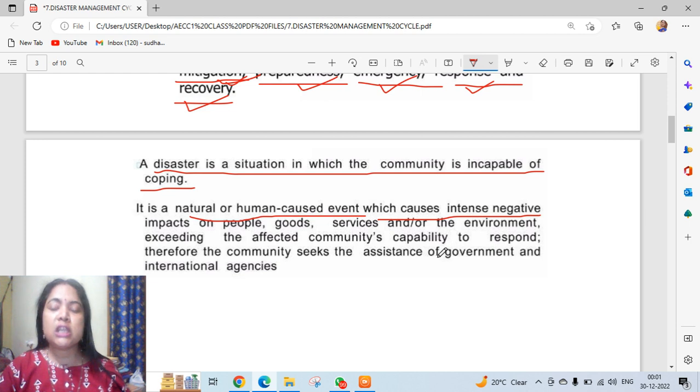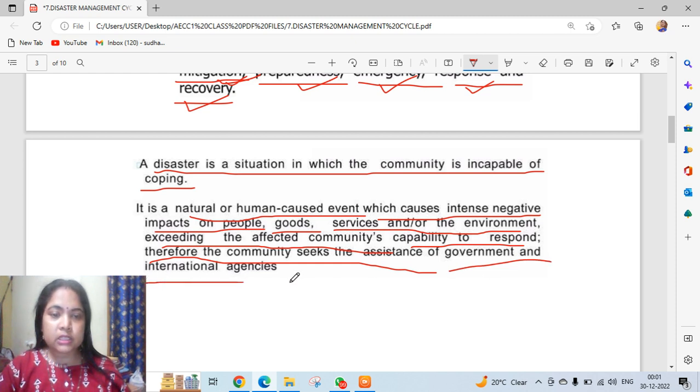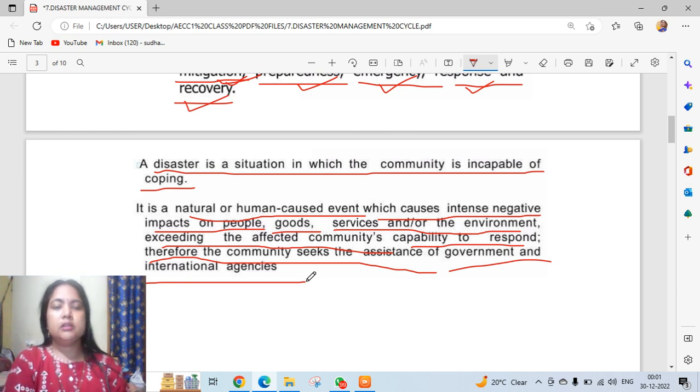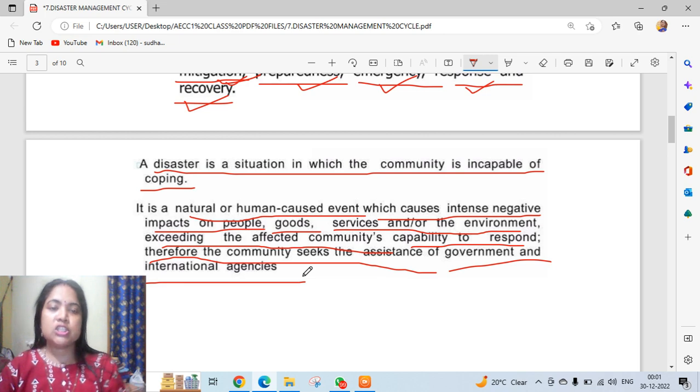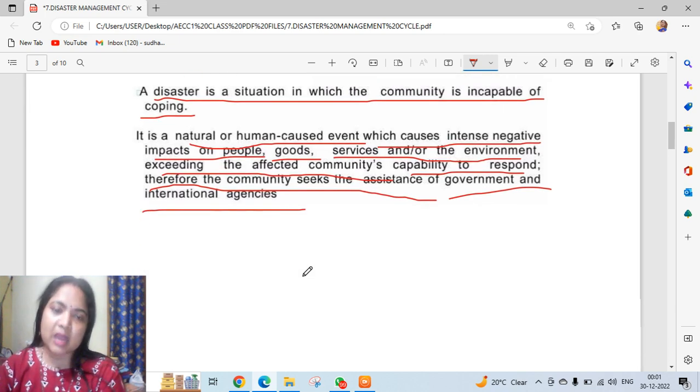So disaster generally puts negative impacts on people, and also on goods, services and the environment, exceeding the affected community's capacity to respond. Therefore, the community seeks the assistance of government and international agencies and also from other states. So this is the disaster definition and disaster management.